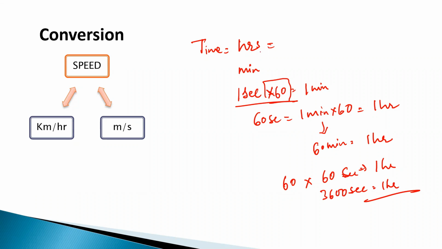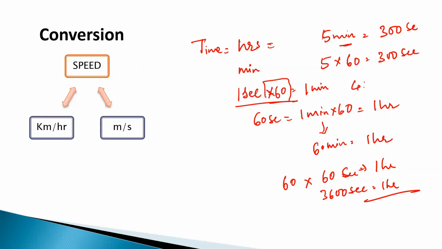So if you know exactly how many seconds make a minute, and how many minutes make an hour, it is quite easy to convert 1 unit of time into another unit of time. For an example, if I say I have got 5 minutes, I can say I'm having 300 seconds, because I do know a minute is nothing but comprising of 60 seconds.